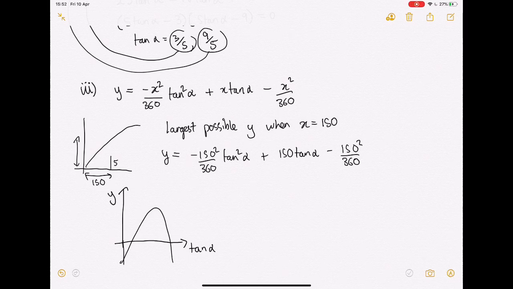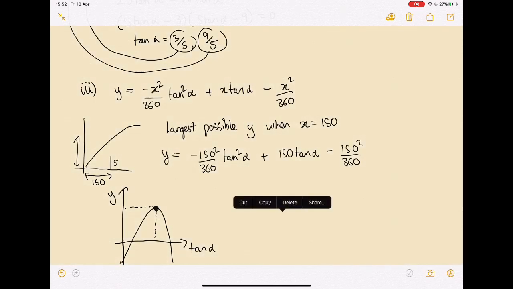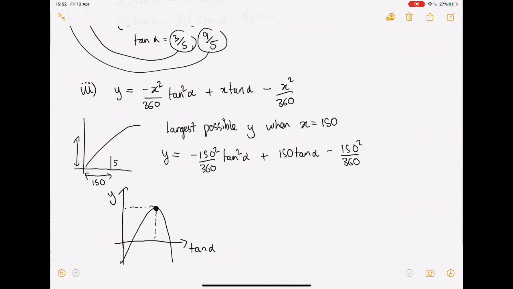And we can see here that what we want is the largest value of y, which is here, and the value of tan alpha at which this occurs. So what we want to find is this point of the quadratic. Well, we could differentiate this and find the stationary point. We could complete the square, but it asks us to use the discriminant.